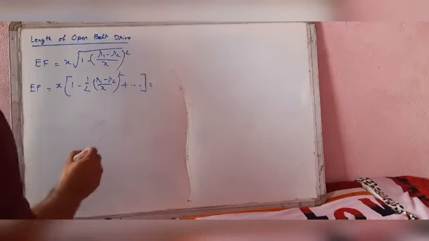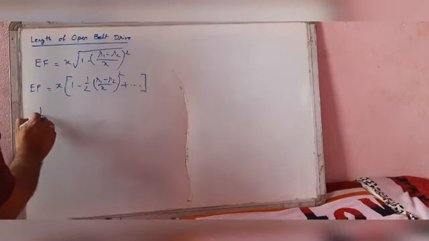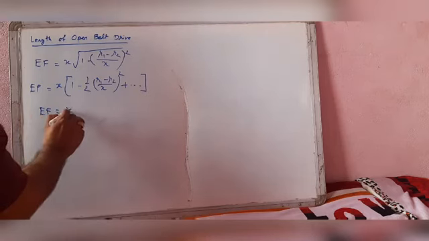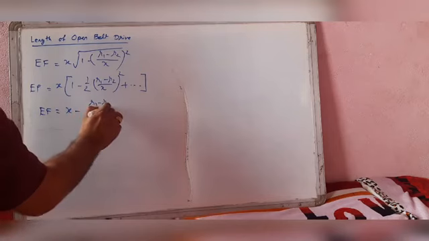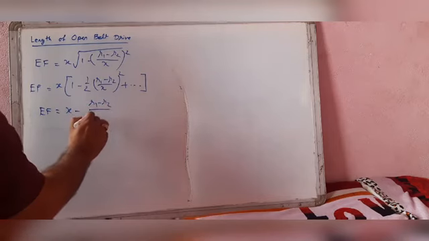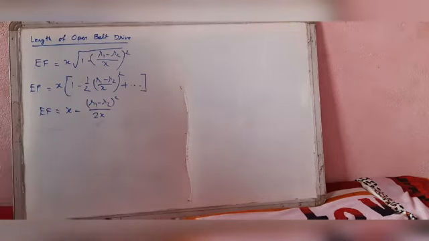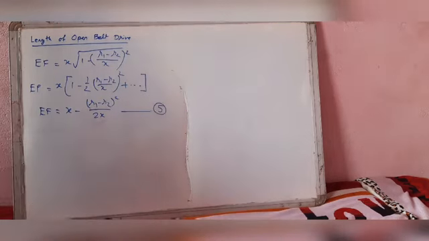So EF equals X minus (R1 minus R2) squared by 2X. This is equation number 5.